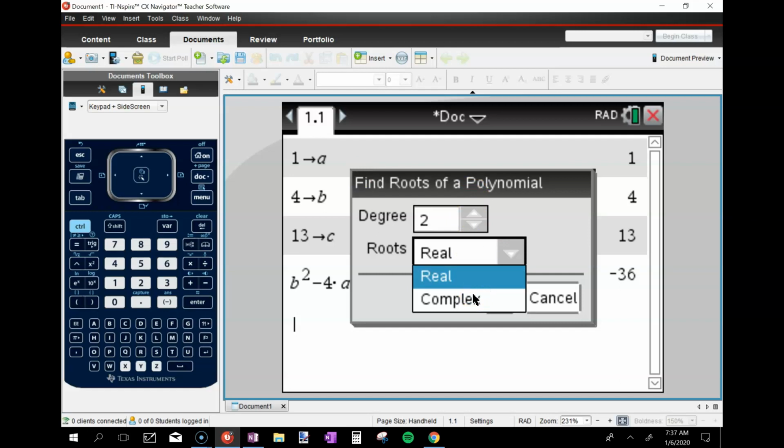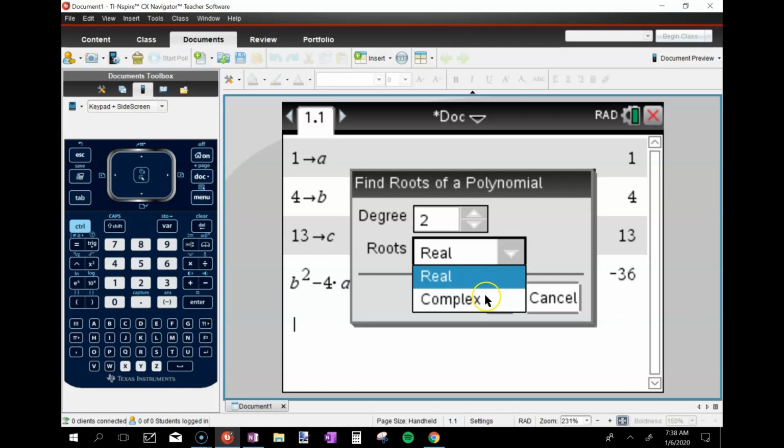But hang on a minute. Time out. Time out. Hold the phones. We just did b squared minus 4ac, right? What'd we get? Negative 36. If I was using the quadratic formula, wouldn't that negative 36 go under the square root? Is that good news or bad news? Bad news, right? If I take the square root of a negative number, I'm going to wind up with what kind of roots?